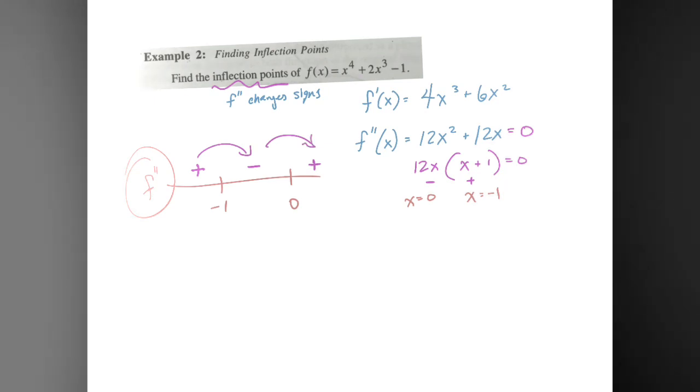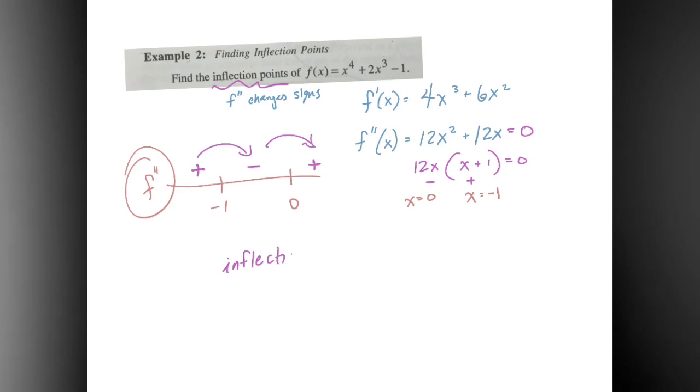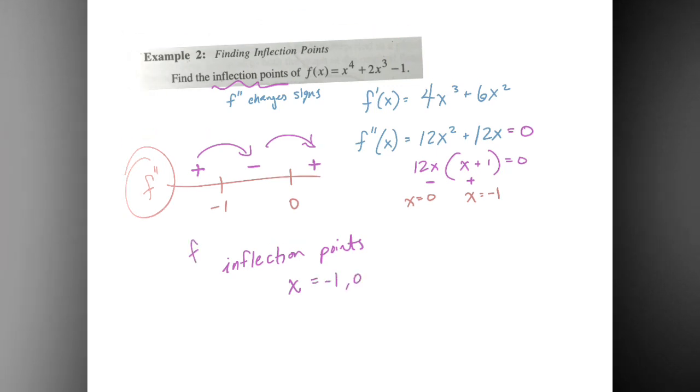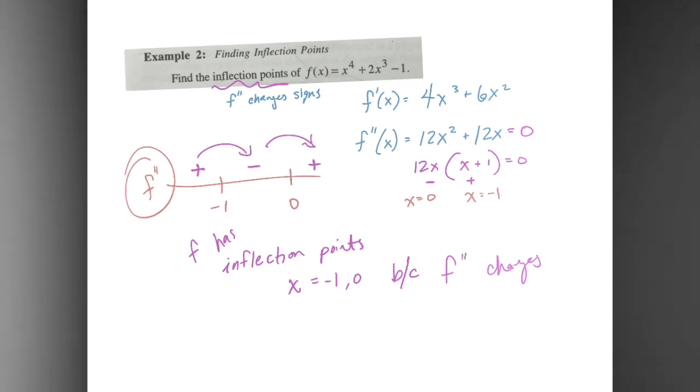So my inflection points will be when x equals negative 1 and 0. We're saying that f has inflection points at x equals negative 1 and 0. The reason is because f double prime changes sign, and we should be specific.